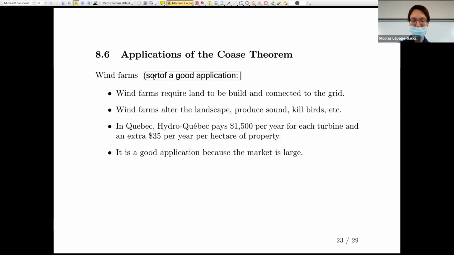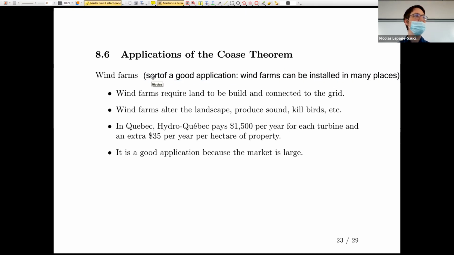Because wind farms can be installed in many places. So if a farmer is too greedy and just says, oh, you can have a wind farm in my field, but it's going to cost you a ton of money, then Hydro-Quebec can just say, oh, well, I'm going to go to the next farmer, he's more reasonable.